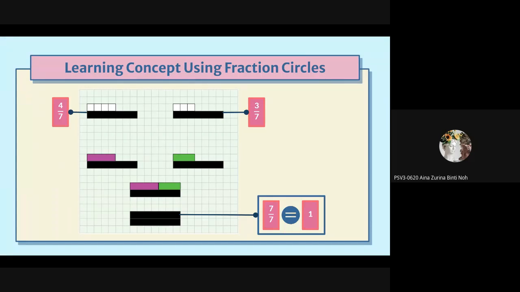The teacher can convert the white rods to their other value. For 4 white rods, which equal the value 4, the color is purple, and value 3 is the color green. And then it equals 7/7, which is also a whole number, which is 1.